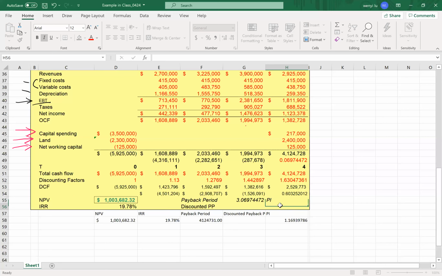So that's equal to the sum of inflows, this one, divided by the total sum of outflows. And you can solve this ratio. That's equal to 1.17, and this is a ratio, it's a number. So you can make a decision based on these numbers.